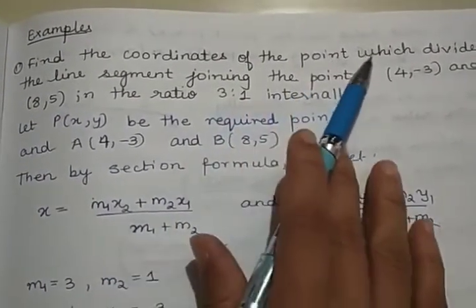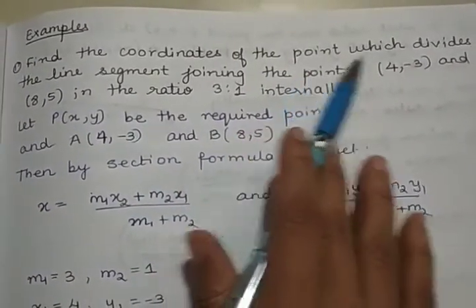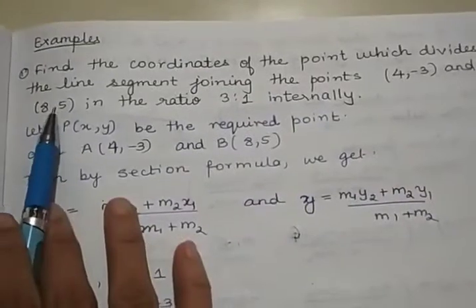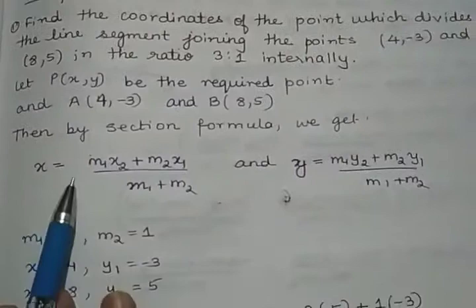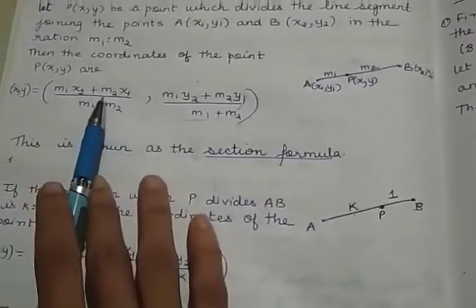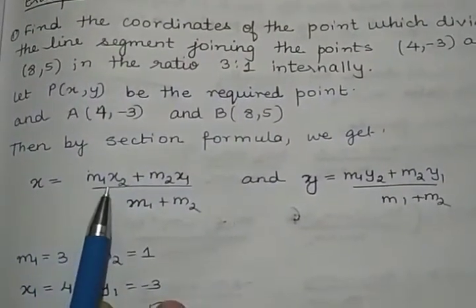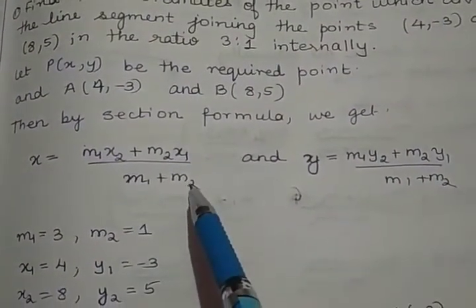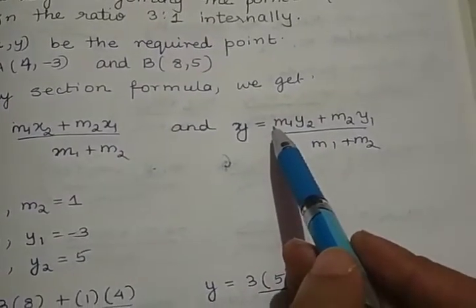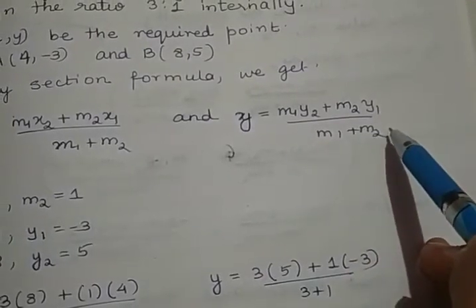Let P(x, y) be the required point, and let us name these points A and B. Then using the section formula, my x coordinate is given by (m1 x2 + m2 x1) upon (m1 + m2), and the y coordinate will be equal to (m1 y2 + m2 y1) upon (m1 + m2).